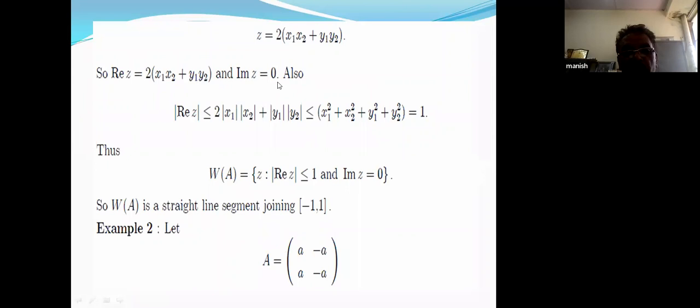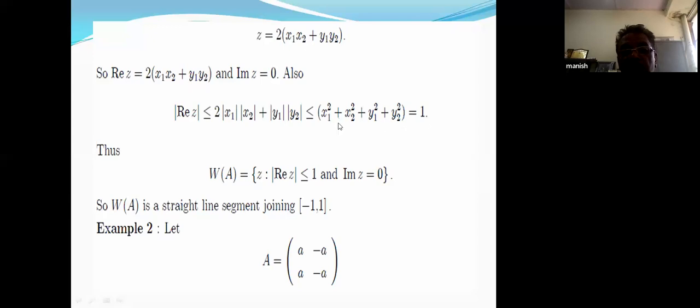Also, the modulus of the real part of z is, by using the triangle inequality, at most 2 mod x1 mod x2 plus mod y1 mod y2. Now this is less than or equal to x1 square plus x2 square. Why? Because (mod x1 minus mod x2) whole square is greater than or equal to 0. From that, this follows. Similarly, the second follows. So this is 1.